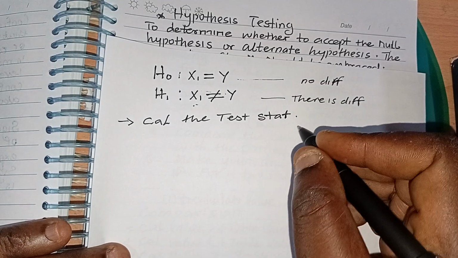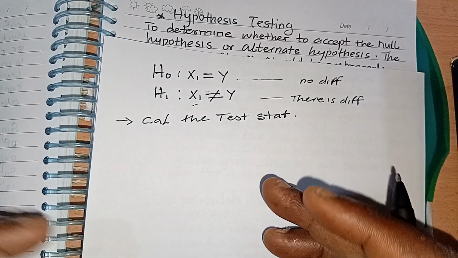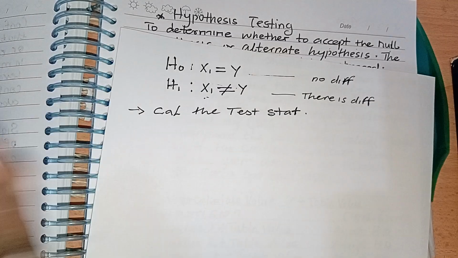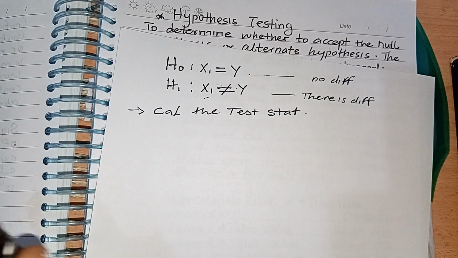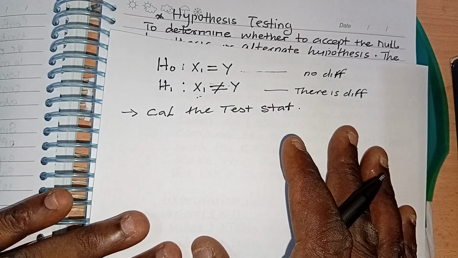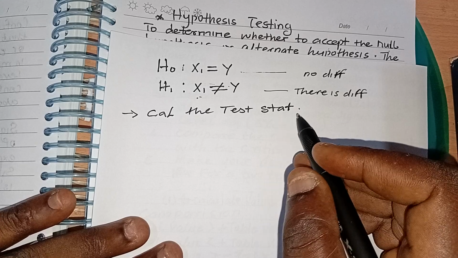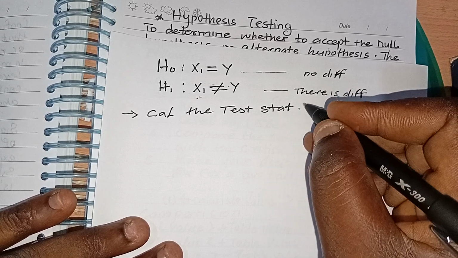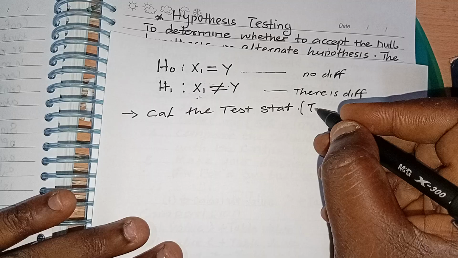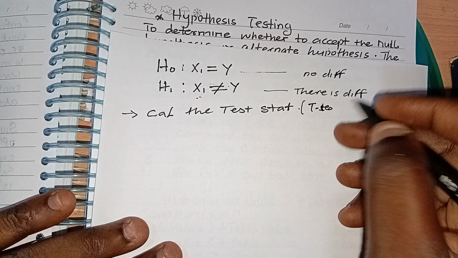Write it down. The t-test statistics is used where the sample is less than 30, okay? When your sample is less than 30, we use the t-test statistics. An example is the t-score.